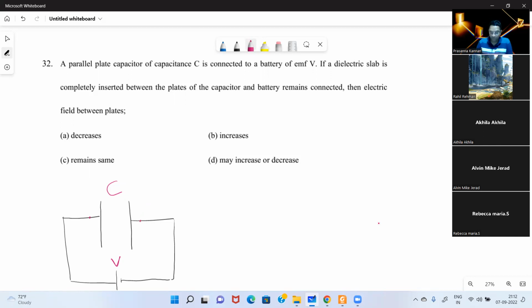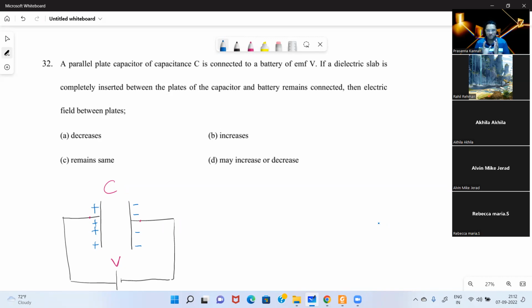Now, as it is staying connected, I'm going to insert a dielectric slab. So let's say this is C only. And because of this, there are charges, correct? The plate of the capacitor connected to the positive terminal of the battery will be positively charged. The plate connected to the negative terminal will be negatively charged. We have seen this, right?